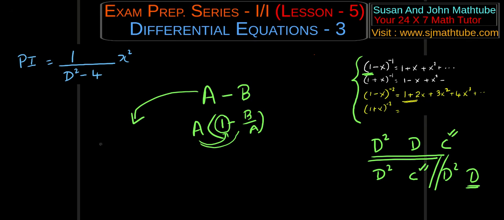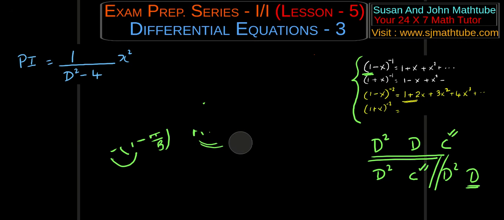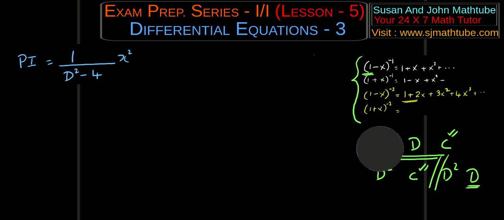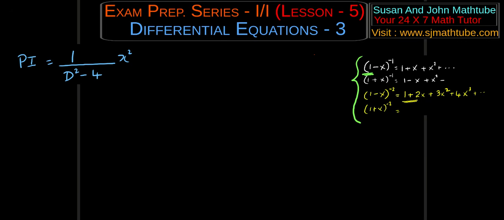Or you can take minus b outside and create 1 minus a by b. Isn't it the same thing? You'll get minus b and plus a. That is a minus b. So that is why I told you, if you have D square, D and a constant, the inferior person, or let's say the constant, will go outside.